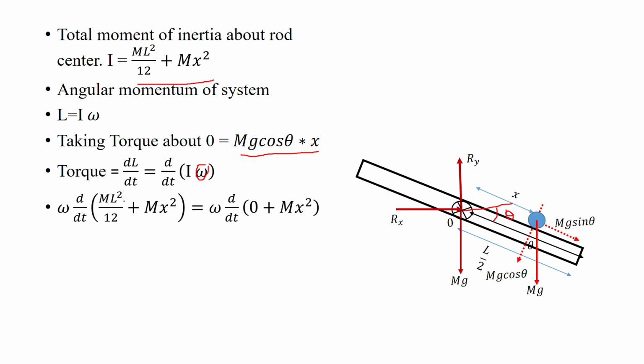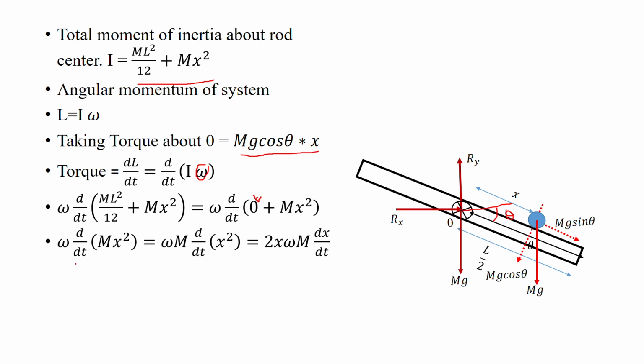Since ml square by 12 is constant, its differentiation will be 0. By mistake it is written here as 0 for the other term, but when we differentiate ml square by 12, it becomes 0.